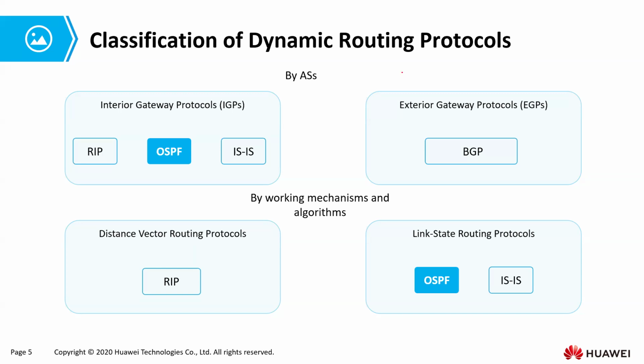And when we define dynamic routing protocols by ASs, we have what we call IGPs and EGPs. And for IGPs, this is basically one ISP. Everything is under one ISP. For EGPs, these are multiple ISPs. So if I'm trying to connect between ISPs, the type of protocols that I use are these ones. If I'm connecting within an ISP, the type of protocols I use are these ones.